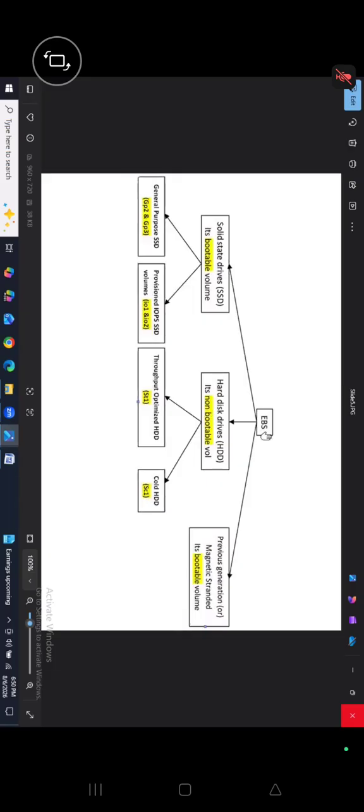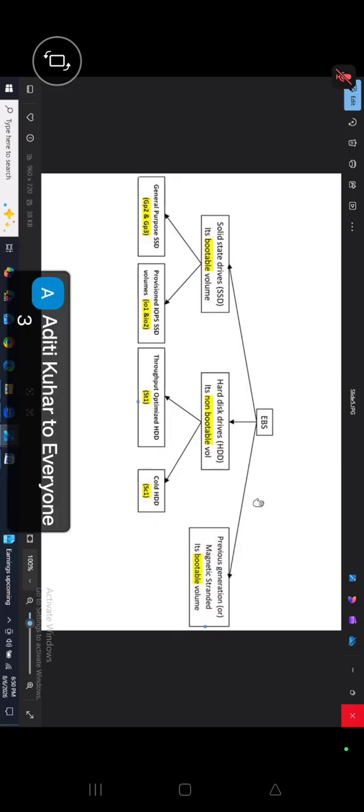How many types of EBS volumes do we have? Three types. Don't say five types or two types like that.